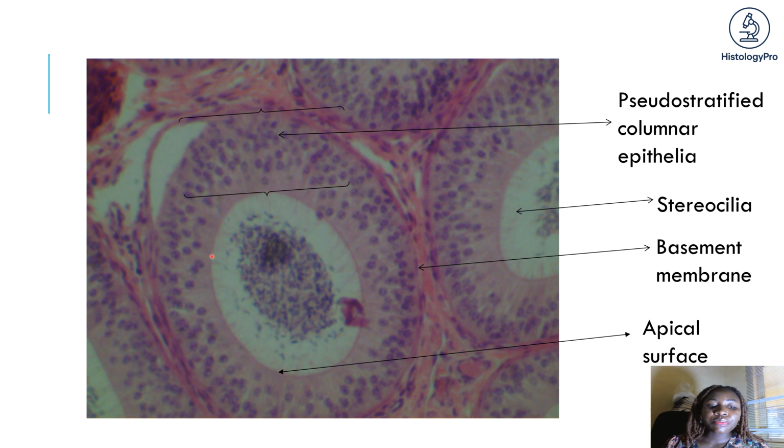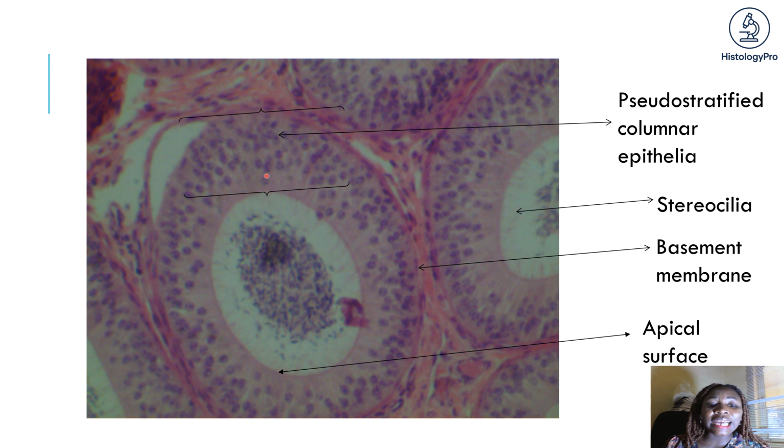We said that the pseudostratified cells do not all reach the apical surfaces. You can see that none of the pseudostratified columnar cells reach the apical surfaces, and we can see the nucleus.